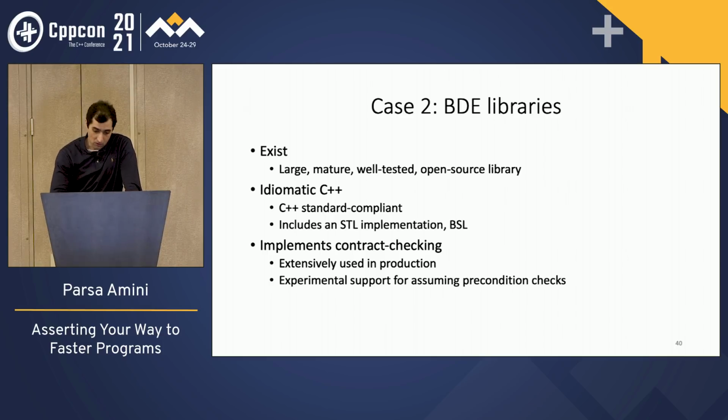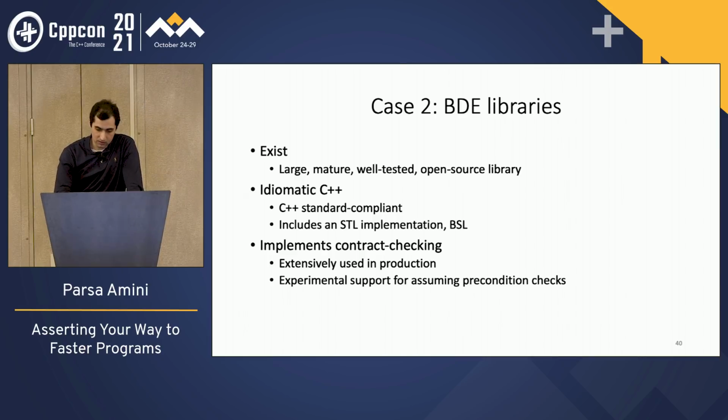And for us, it's a good target and low-hanging fruit to study the impact of assumptions, because for one, it already exists. They are well-written and well-tested idiomatic C++. They implement contracts. It also has experimental support for assuming precondition checks.